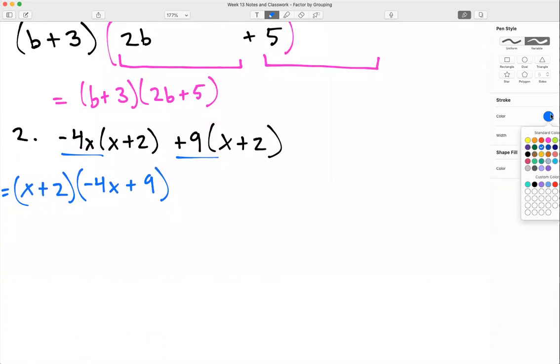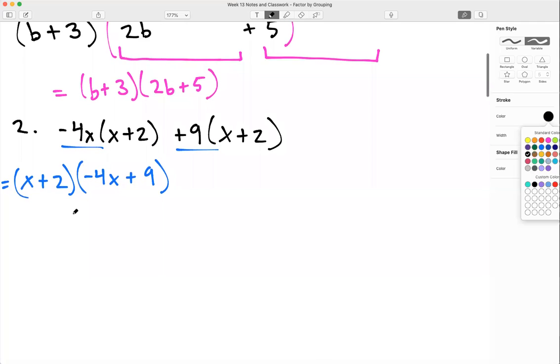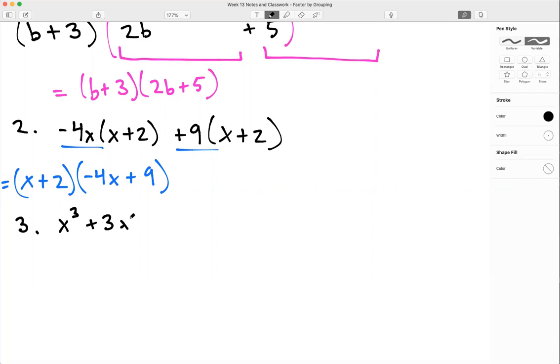Let's do number 3. x cubed plus 3x squared plus 5x plus 15. Okay, now this is starting to look a little different, right?